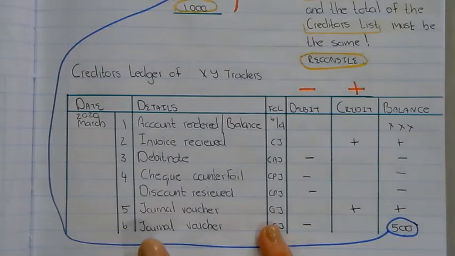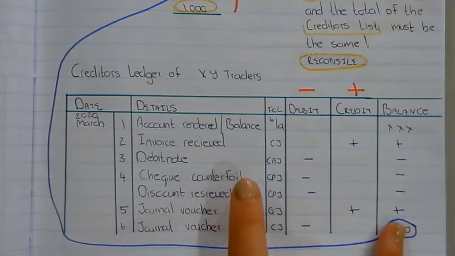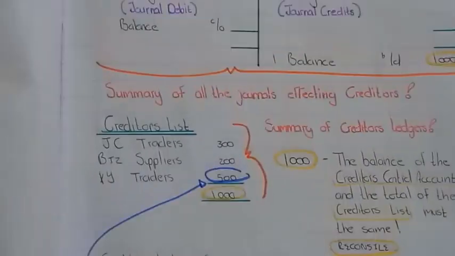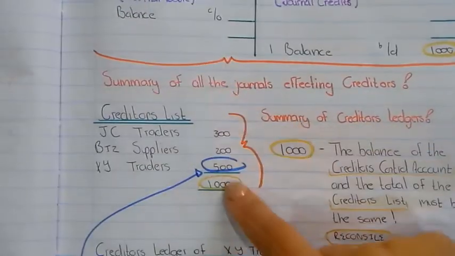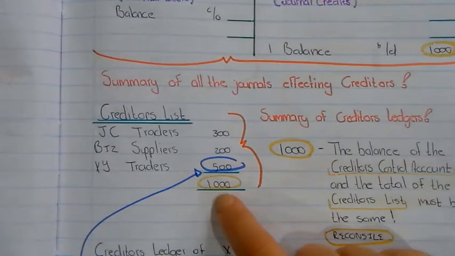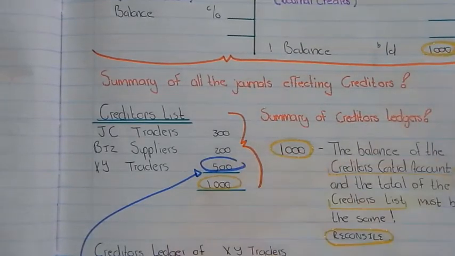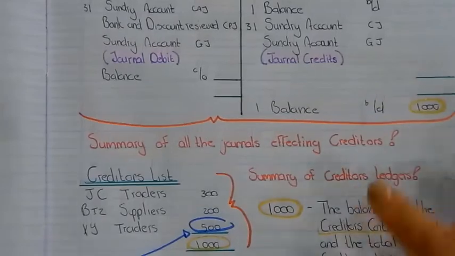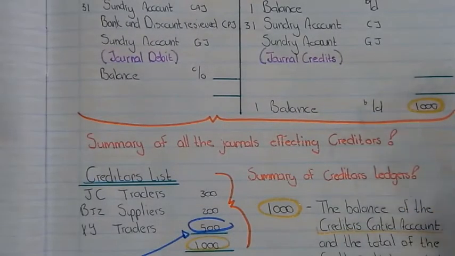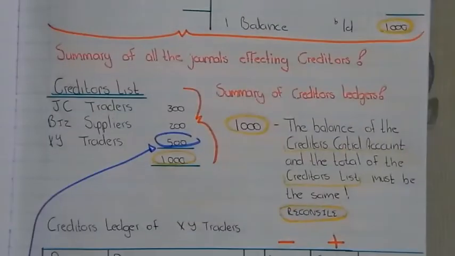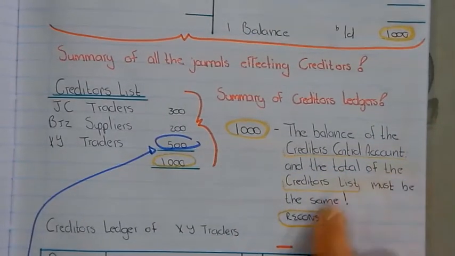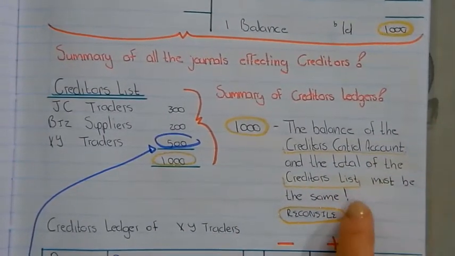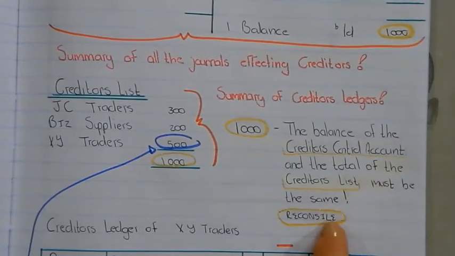Remember now that the balance I have for each creditor will be transferred to my creditors list, and the summary of my creditors list, the total, must be the same as my creditors control. This is the reconciliation. The balance of the creditors control account and the total of the creditors list must be the same. It must reconcile.